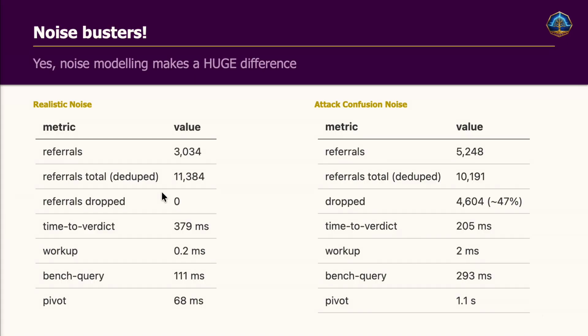The first thing is that the noise matters. How you model the noise is very distinct in how it confuses the algorithm. Let's look at the right side, where I did attack confusion noise. I put about 10,000 lookalike attacks around one real attack.